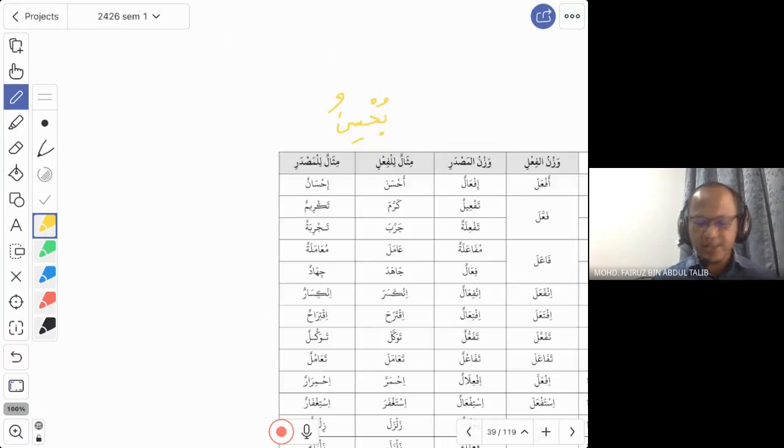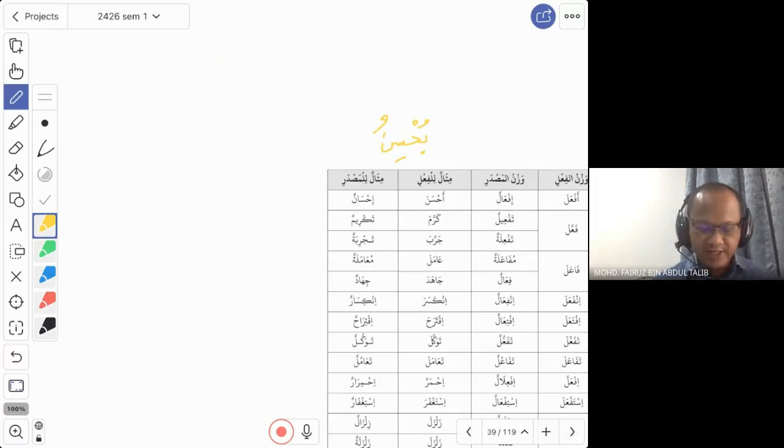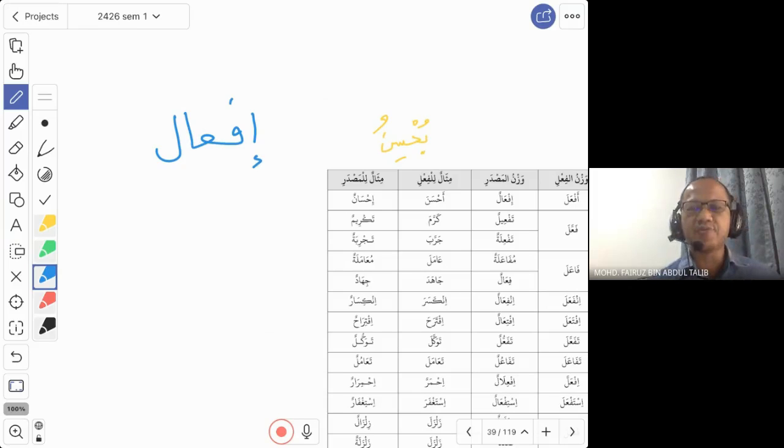Similar to what we had previously in the lesson of wazan, you just take the wazan, if'al, and you match the fa, ain, lam to the original huruf of the fi'il. So for this fi'il, fa is referring to the ha, ain is referring to the sin, and lam is referring to the letter nun. So these are the root letters, the root word, hasuna.